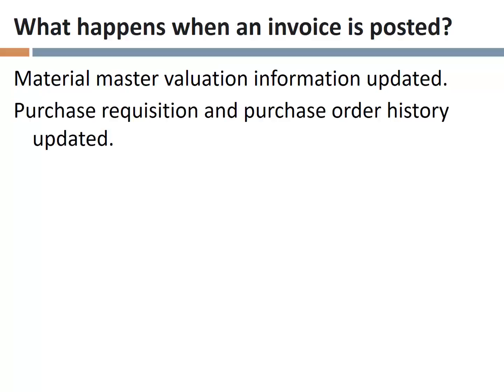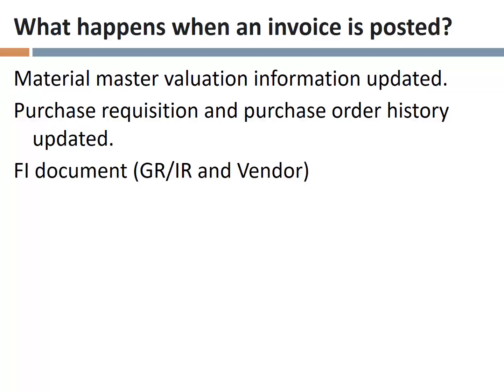Purchase order requisition and purchase order history are updated to show that I got a bill, and here's the bill. We can look it up in the system. And then, as we just observed a moment ago, there's going to be an FI document. The FI document is going to have us crediting the vendor account, showing that we have a liability, and debiting the GRIR account.